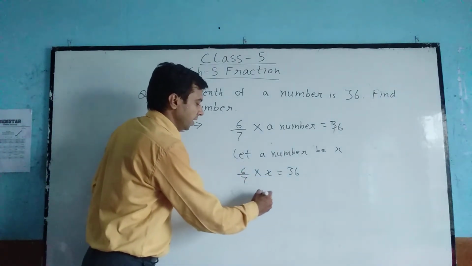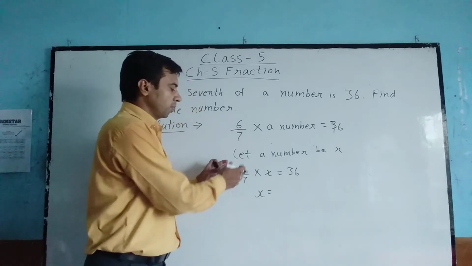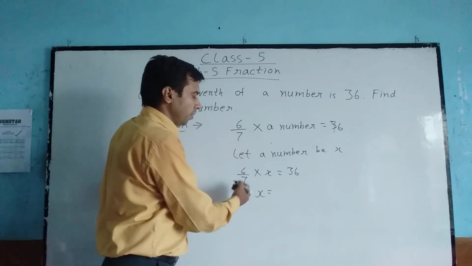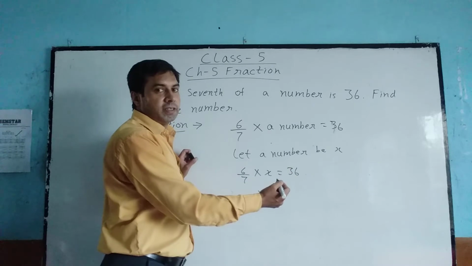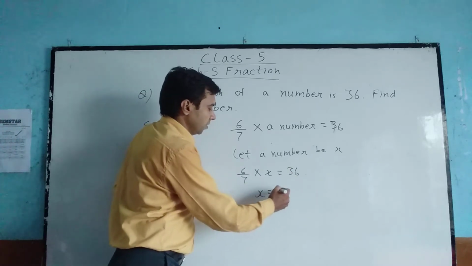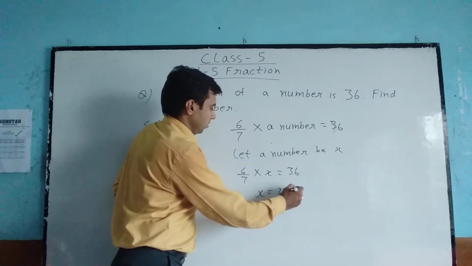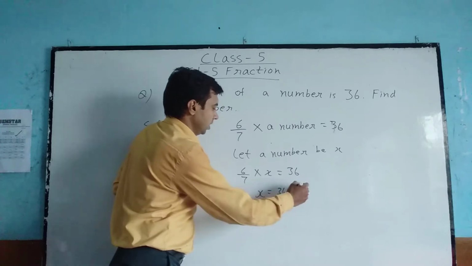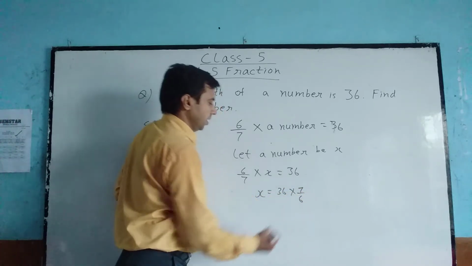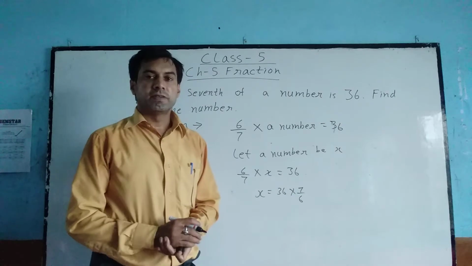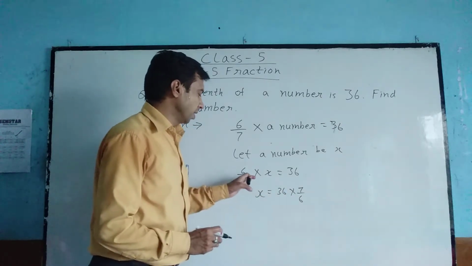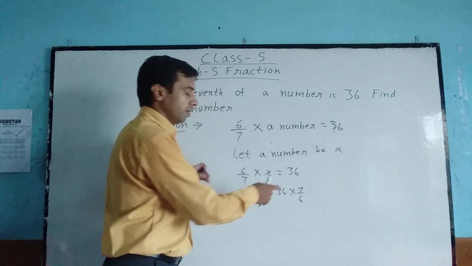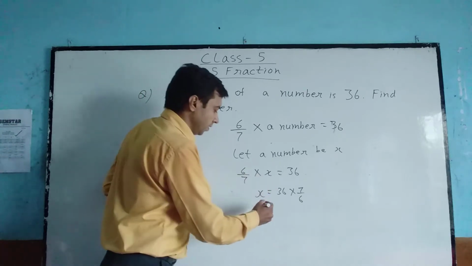Now student, x is equal to, we will change the position of this fraction from left hand side to right hand side. So what we do? We write 36 into 7 by 6. We will write the multiplicative inverse of this fraction and we will do multiplication only.